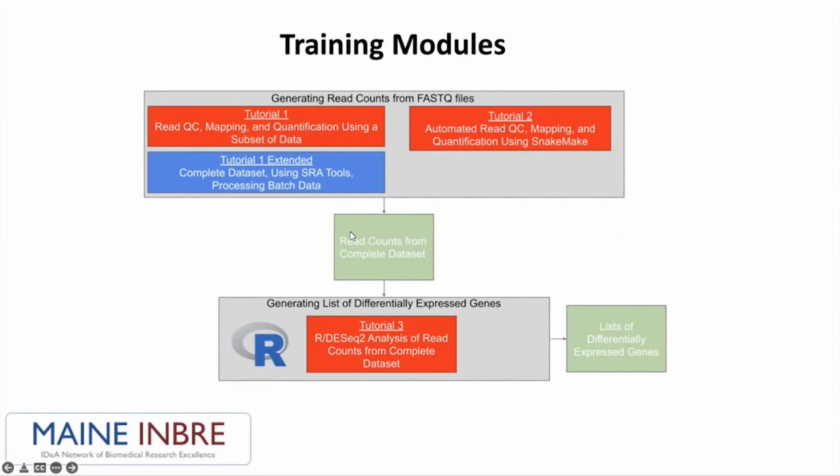These read counts can then be analyzed in R using the RNA-Seq package, and that's featured in a separate video. The output of that third video is the set of differentially expressed genes. So this gives you an orientation, and again, we're starting here with tutorial 1.